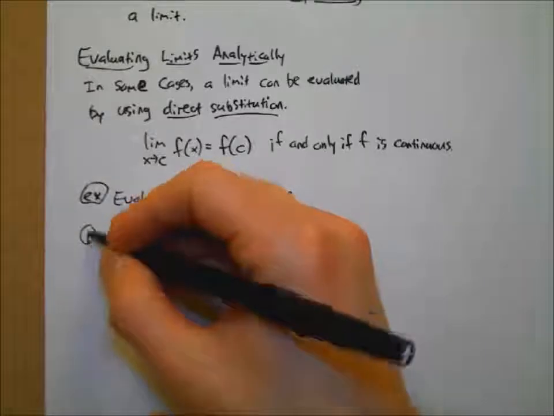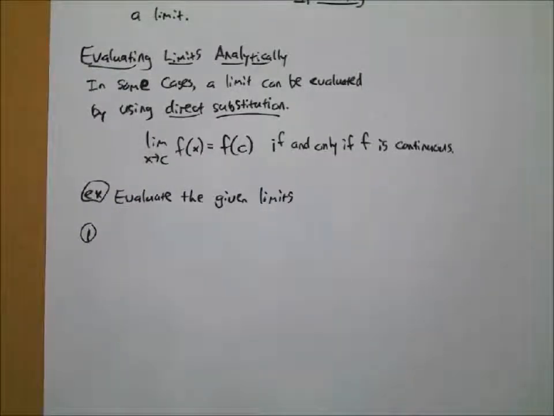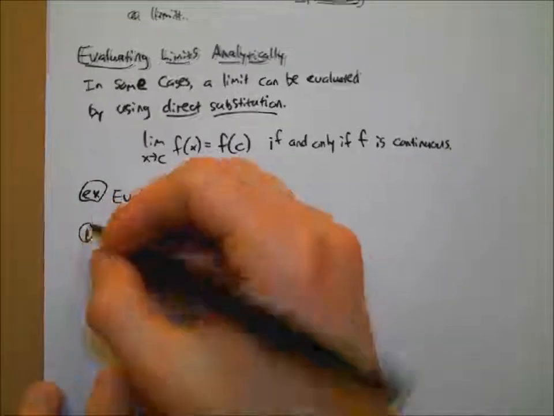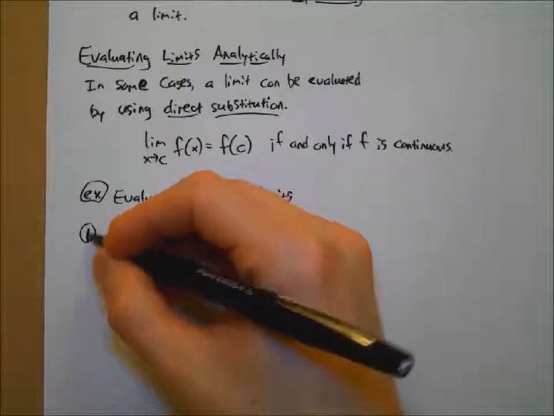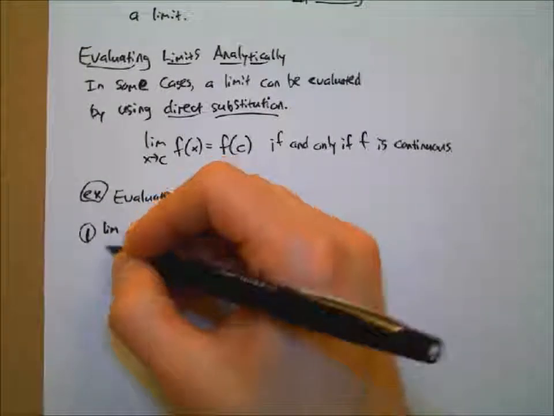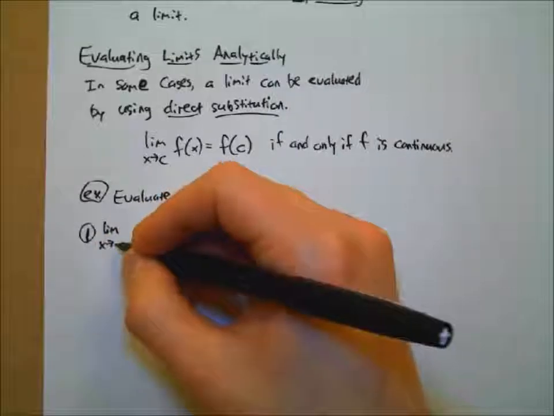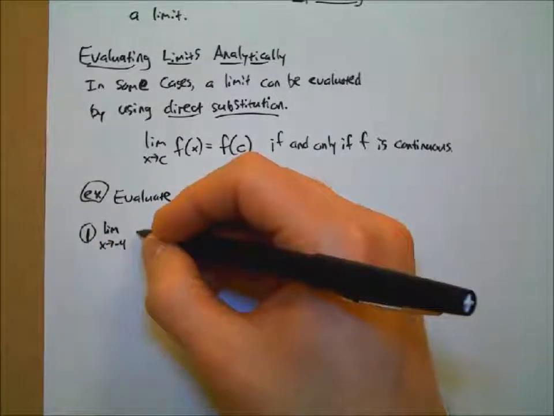Sorry, I'll slow down here. We're going to do 4 here together, and then I'll give you one to try. But they're pretty quick. The first one: the limit as x approaches -4 of the function x.